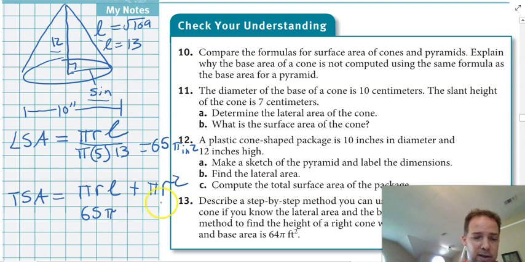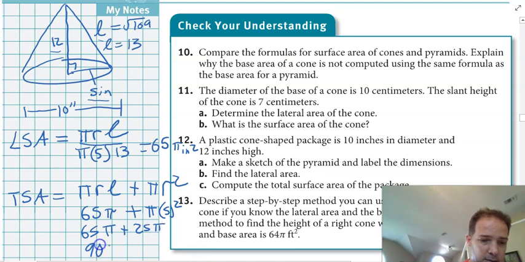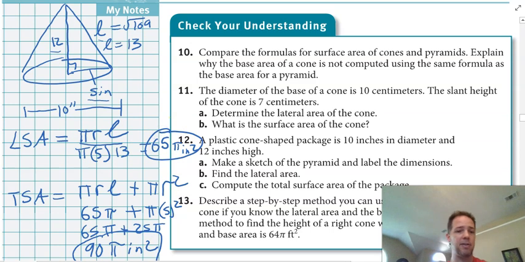And then when we plug in the radius down here, we get 25 pi. So 90 pi for the total surface area. All right, so the lateral was 65 pi inches squared and total was 90 pi inches squared.